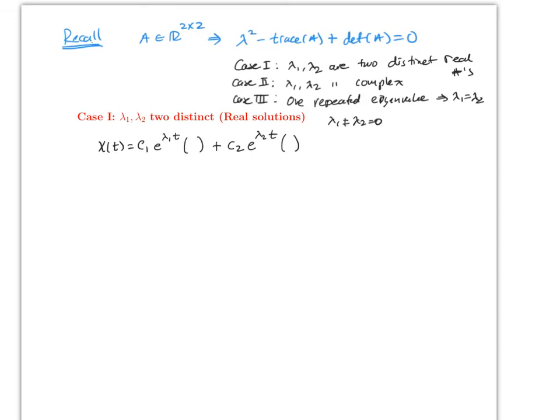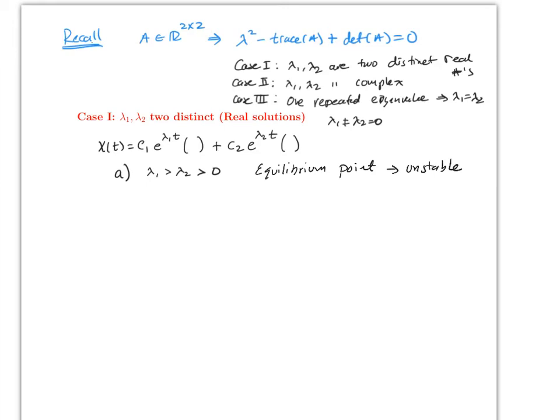So the first thing we should notice here is a subcase, you can call it case A. If lambda 1 is bigger than lambda 2 and they are positive, notice that this is going to go to infinity, and so is this. Therefore the equilibrium point is going to be unstable.